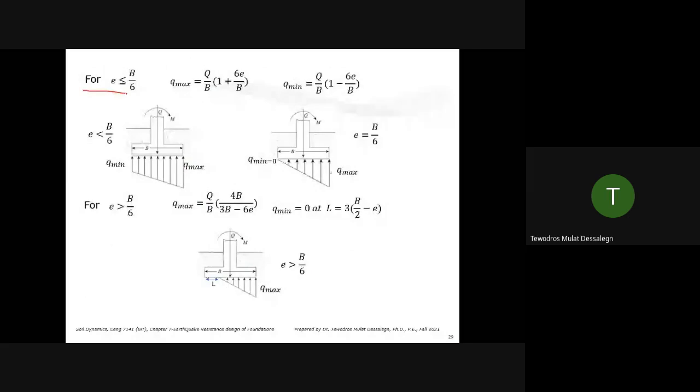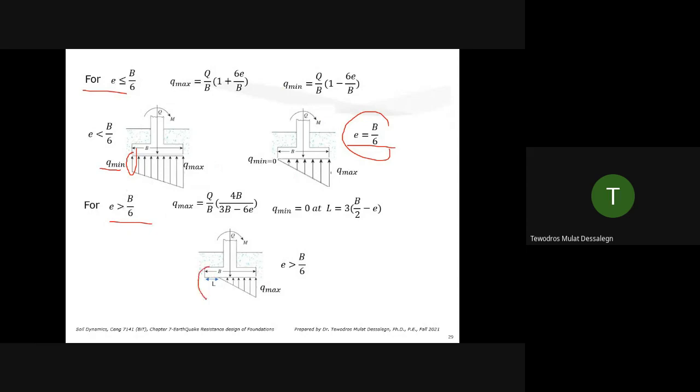For eccentricity E less than or equal to the width by 6, you can have some bearing stress minimum and maximum, or you can have zero at the edge if eccentricity equals B by 6. If eccentricity is greater than the width by 6, you can have separation, and you can have a Q max.